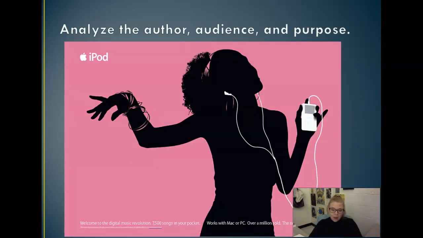Okay, and so I want to look at this ad, and I want to look at the author and the audience and the purpose. So when I look at this ad, I know immediately that my author is who? Even though it's not listed anywhere, it's Apple. Why do I know that? Because I can see it from the brand, I can see it from the product.